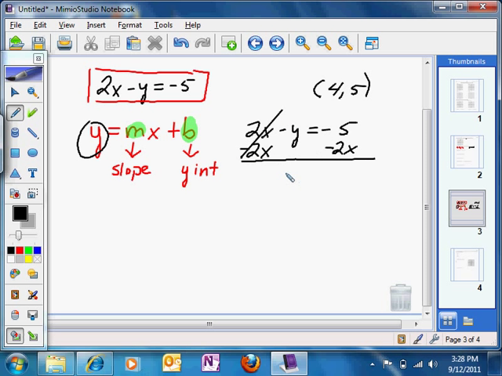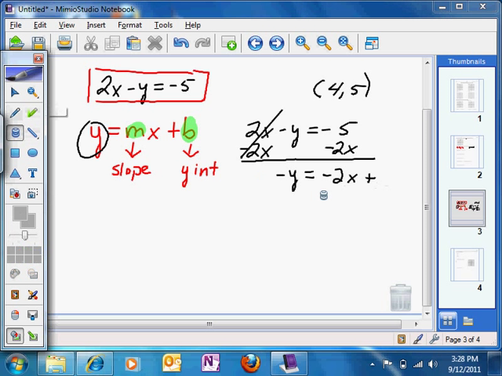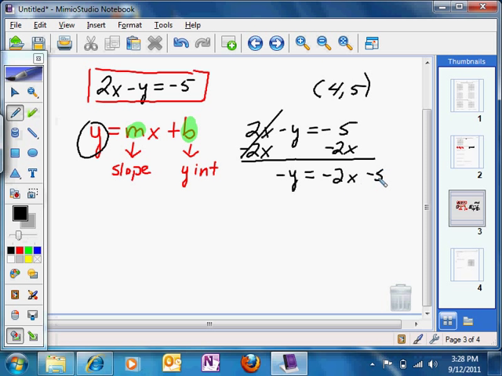That cancels, and I'm left with negative y equals negative 2x minus 5. Now, notice the minus sign came down with the y. The sign in front of the number goes with the number. It must come back with it.